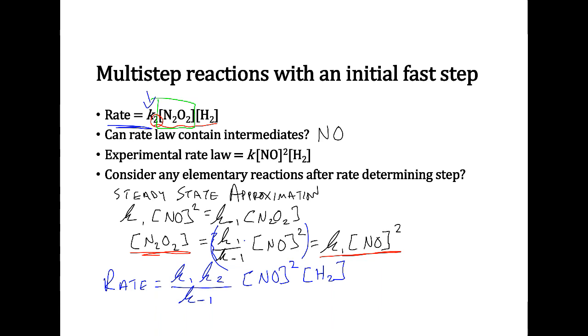And then since all of these are rate constants, we're going to package them into one. So we'll say the rate is equal to K, where K represents K1 times K2 divided by K sub negative 1, times NO squared times H2. So now we are able to obtain the experimental rate law by using that steady state approximation for the forward and the reverse reactions being equivalent.